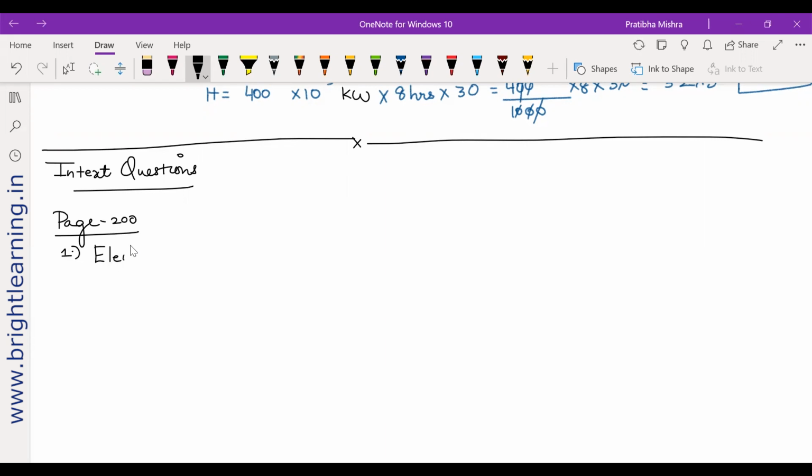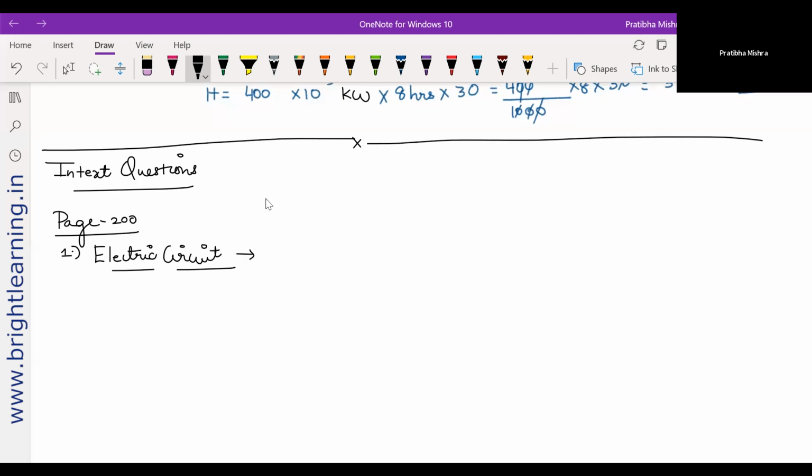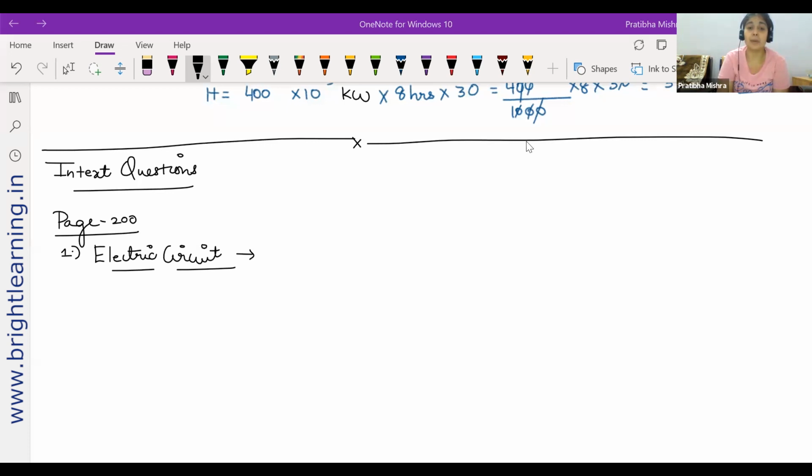Electric current is the flow of charge. What is an electric circuit? It consists of, basically, a switch, bulb, cell. Very good. Electric circuit, my dear students, is nothing but a circuit.